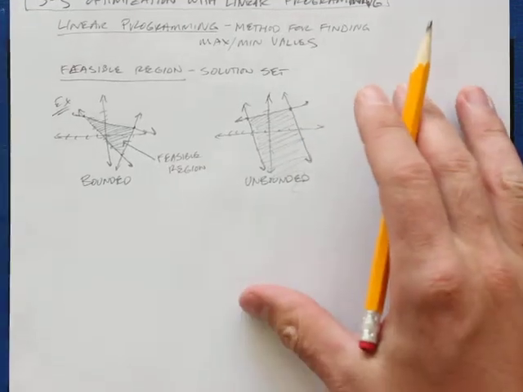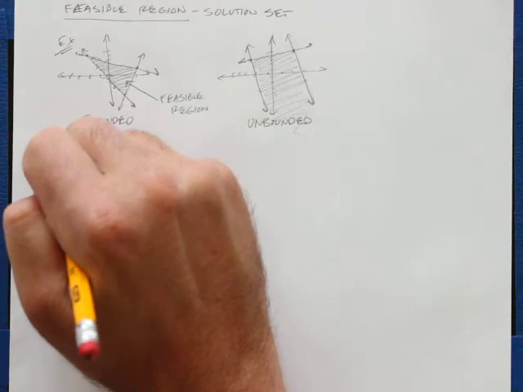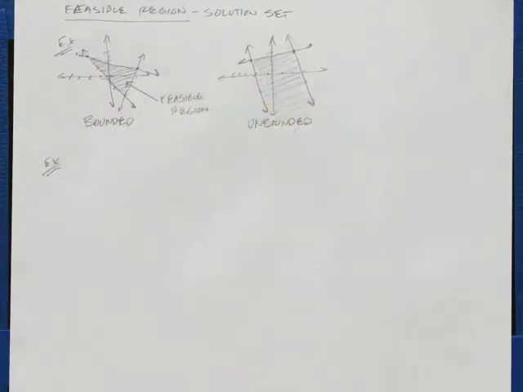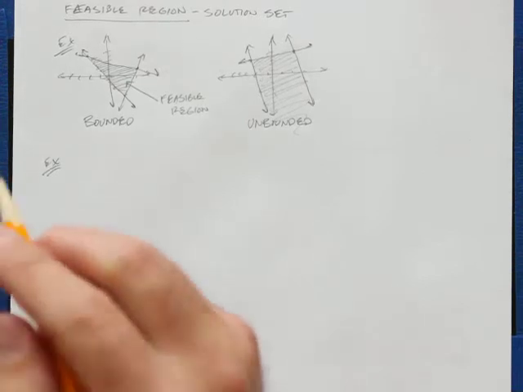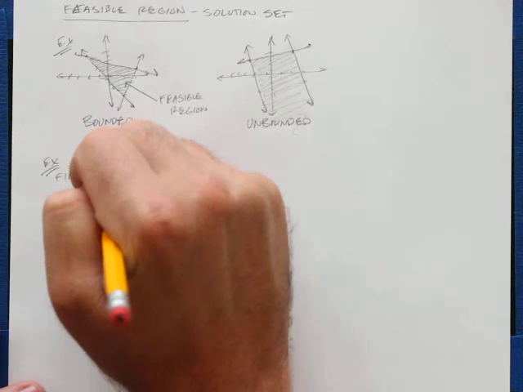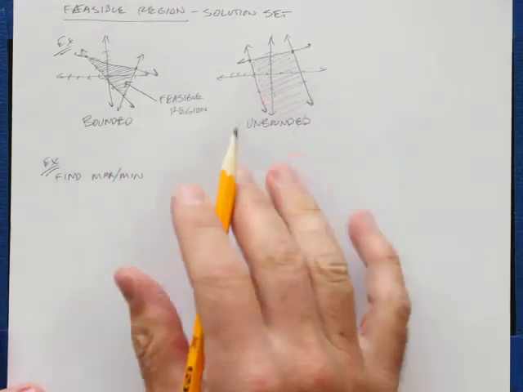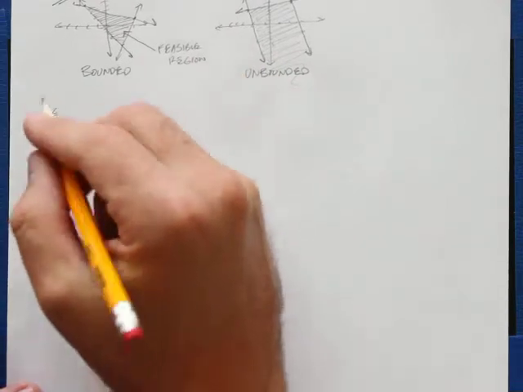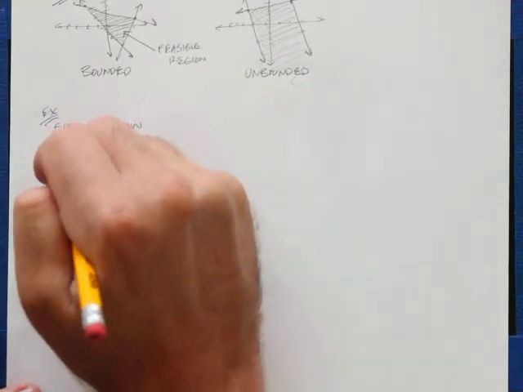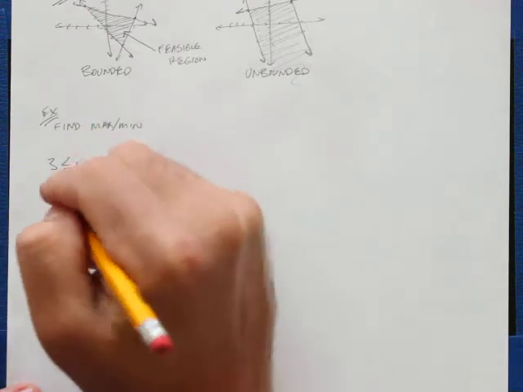Okay, let's do an example. We're just going to do a few examples, and then we're going to be done with this section. So our example here is find the max and the min for this system of equations here. So I've got 3 is less than or equal to y is less than or equal to 6.